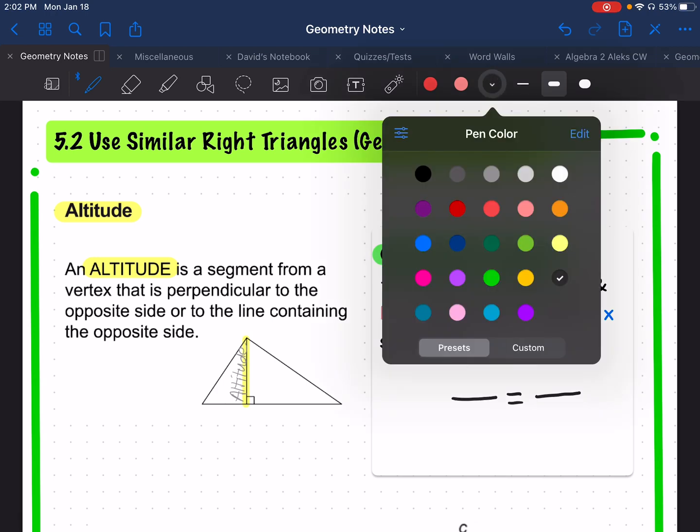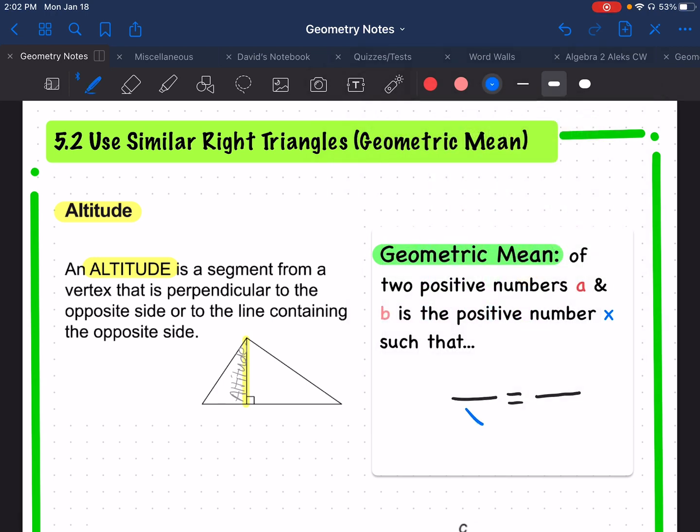My x's will appear twice, in the numerator of one fraction and the denominator of the other fraction. They will always appear crisscross from one another. Always the geometric mean will appear crisscross from one another. And then A fills in one of the other blanks, and B fills in the other blank.